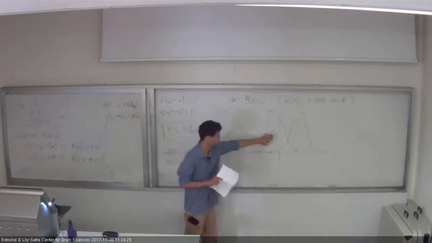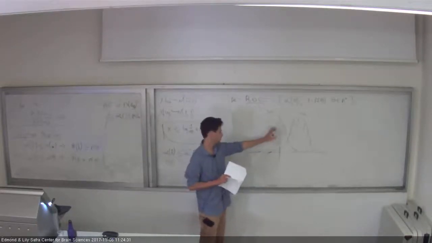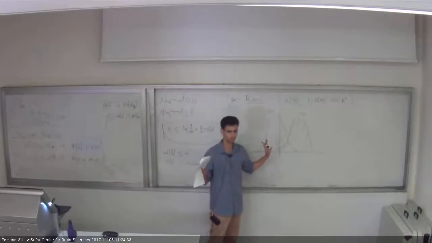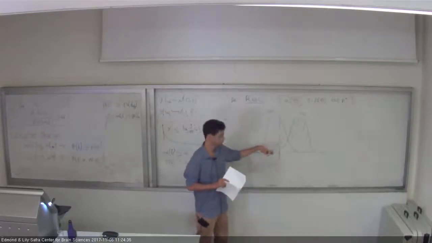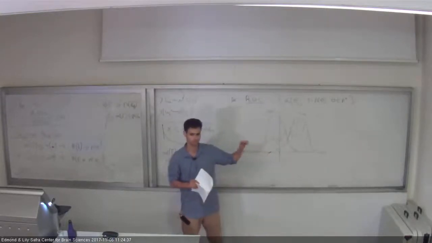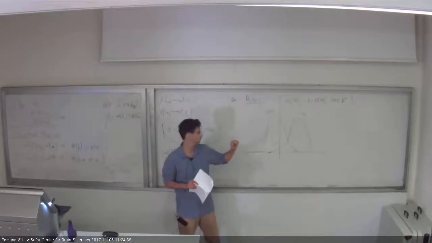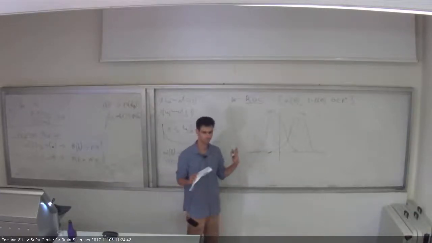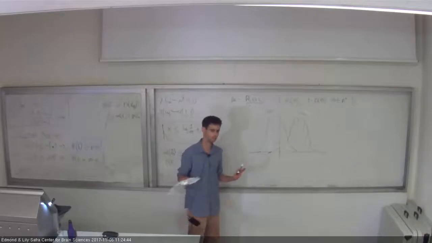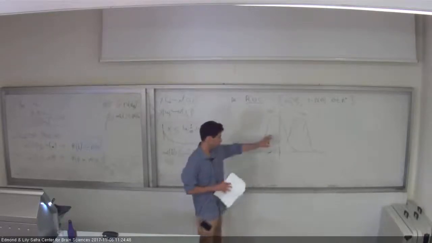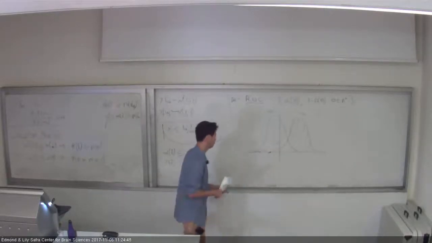No, it's a general threshold. I didn't say anything about 1, or about which is bigger, p of x given omega 0 or p of x given omega 1. I didn't say anything about the probabilities. I just plotted them on the board.